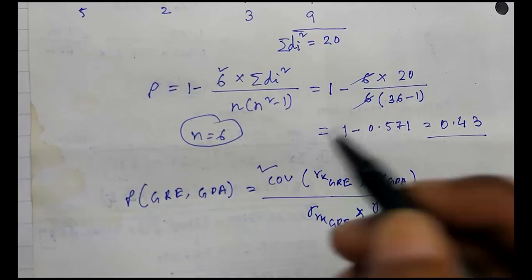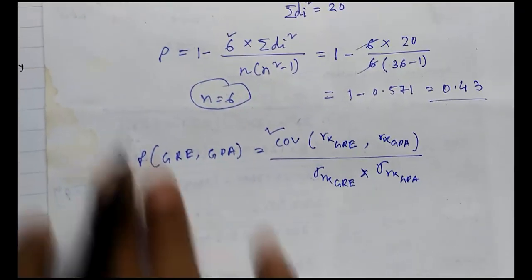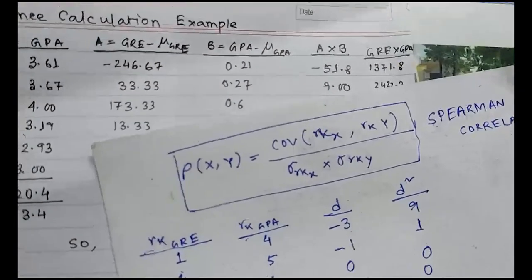So I need to find this first, the covariance, using this formula.